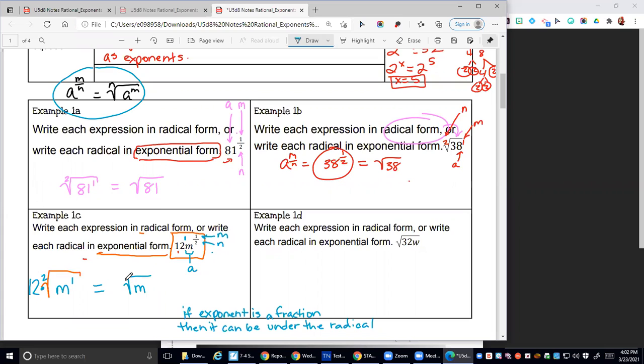We don't need the 2 that's in the index. And so we have the 12 and we have this multiplication. Roman got it. Yeah, the multiplication, we don't necessarily need that, right? Because that's assumed. When you have it right up against here, we assume it's multiplying. When we don't have anything in this index position, we assume it's 2, right? And then when we don't have anything above the m, we assume it's 1. So there's a lot of assumptions, right? But essentially, this right here is the radical form in its cleanest version. Questions on that?